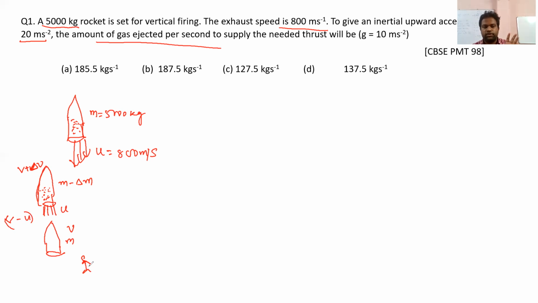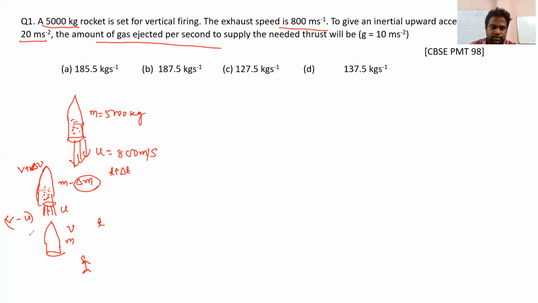So the net velocity of the exhaust fuel is v minus u that he will observe. And the mass delta m is reducing from the rocket after the time, and here the time is, let's say t, here the time is t plus delta t, okay.